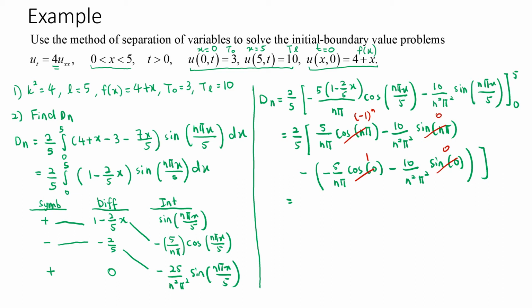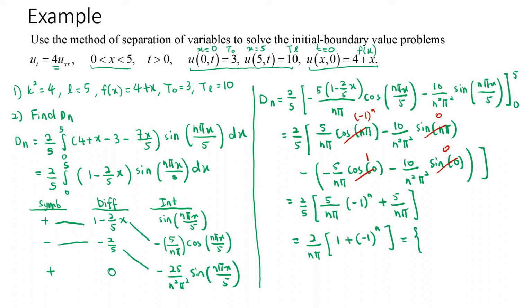So we have 2 over 5 times 5 over n pi plus 5 over n pi, or we can take out 5 over n pi, we can write it as 2 over n pi times 1 plus negative 1 to the power of n.